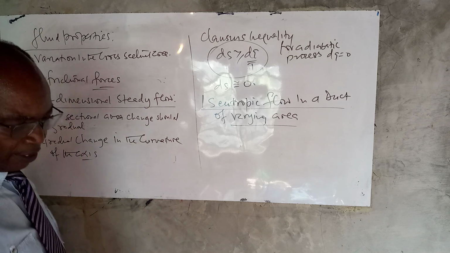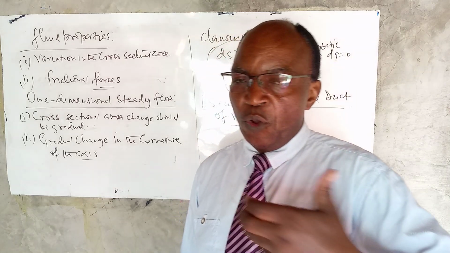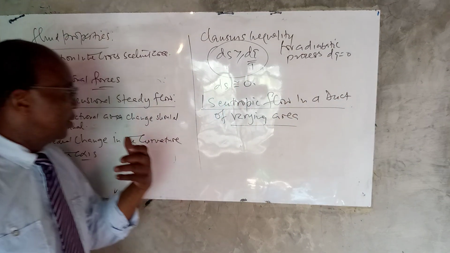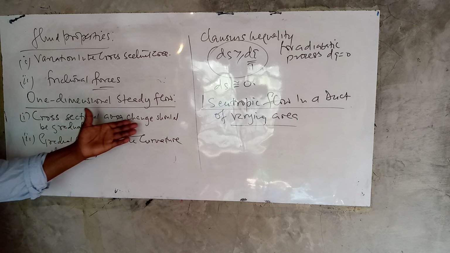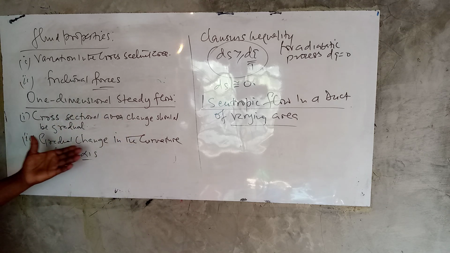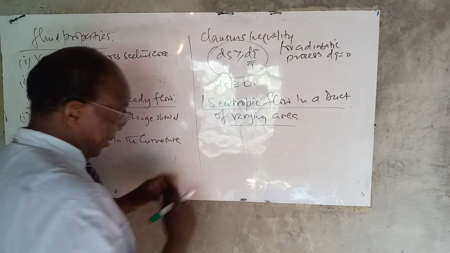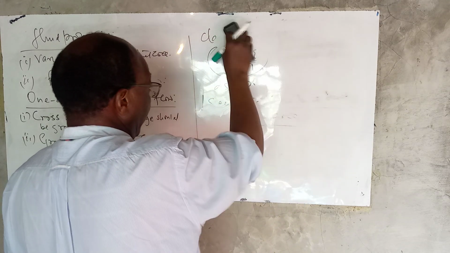In that particular case, we have our one-dimensional model in terms of steady flow. So if it has to be a one-dimensional steady flow, we expect that the cross-sectional area change should be gradual, and the change in the curvature of the axis of the duct should also be relatively gradual.